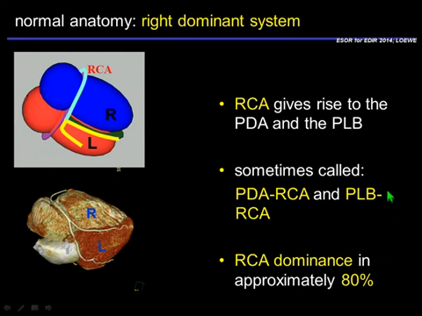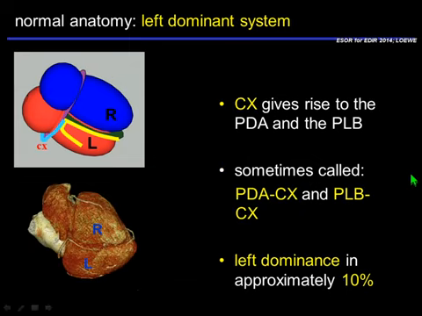If the RCA gives rise to the PDA and the posterolateral branch, then we call this a right dominant system, and we find right RCA dominance in about 80% of the normal population. If the PDA and the posterolateral branch are supported not by the RCA but by the circumflex artery, this is called the left dominant system, which can be found in about 10% of the normal population.